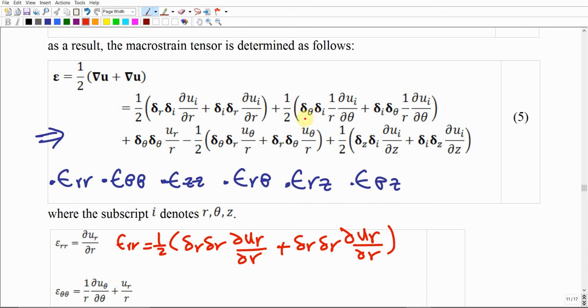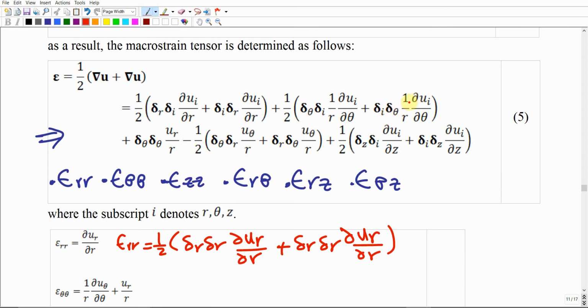Here we do have theta, but I don't have theta. I'm interested in RR, not theta R, for example. For example, I would be R, so I do have R theta. I do have theta R, I do have theta theta, theta Z, but I don't have RR. So this term will not be included in epsilon RR. The same thing here. I'm interested in RR, so I do have R theta, I do have theta theta, I do have Z theta, but I don't have RR.